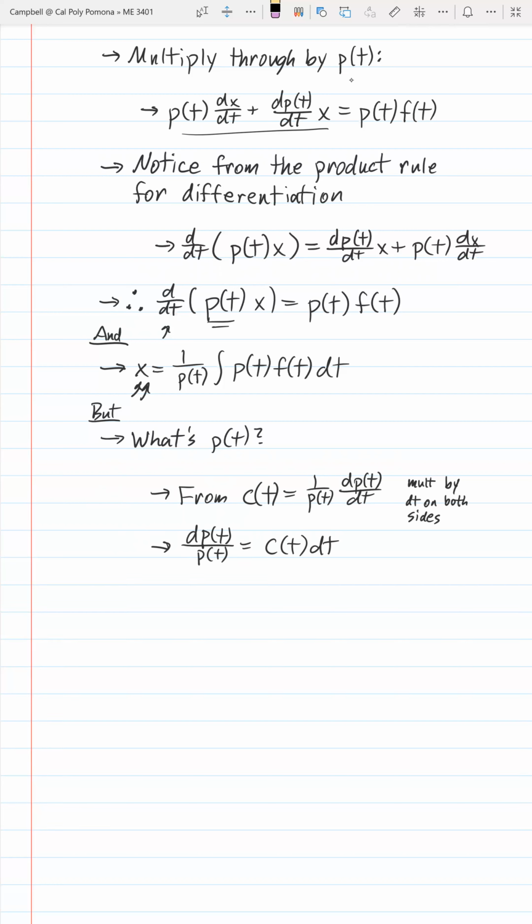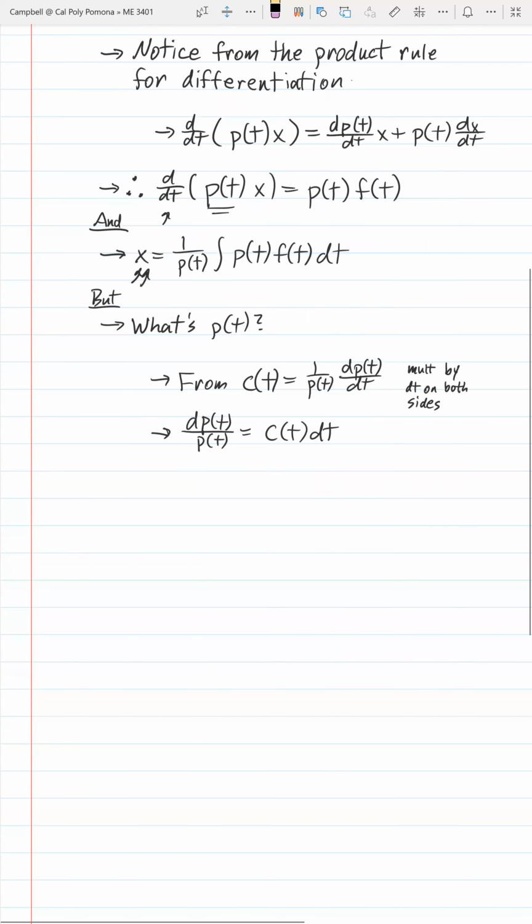Well, that is a particularly nice expression to integrate. So let's go ahead and integrate both sides now. And when we do that, what we can see is that clearly we have the derivative of the function over the function itself on the left-hand side.